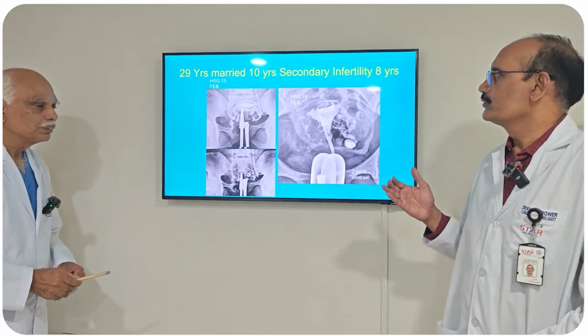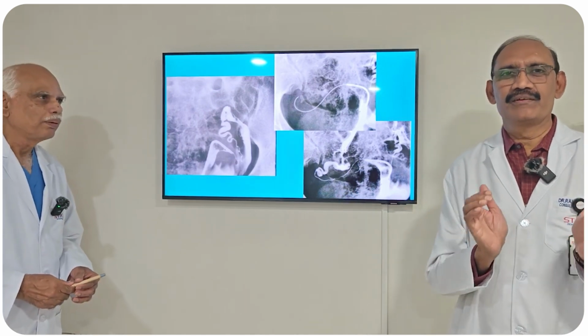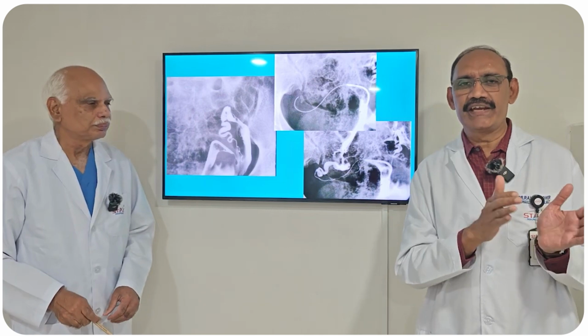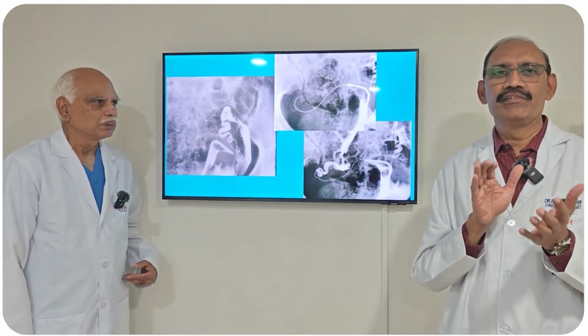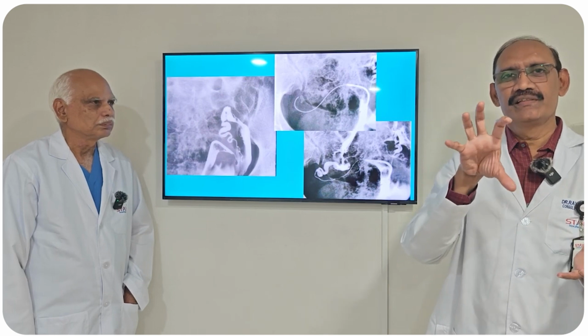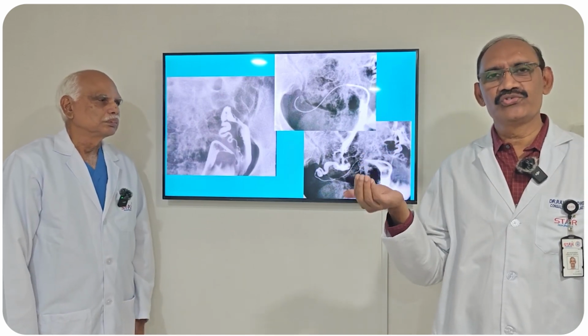Before discussing each entity, in summary, it's a very simple thing. We do both static and fluoroscopy. Basically, when we give contrast into the uterus, it opacifies the uterine cavity, and from the cavity it goes into the tubes and then into the peritoneal cavity.